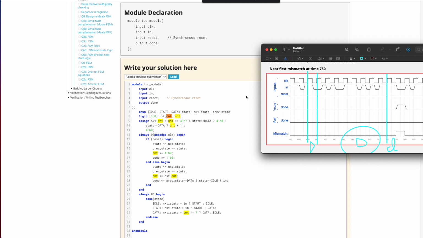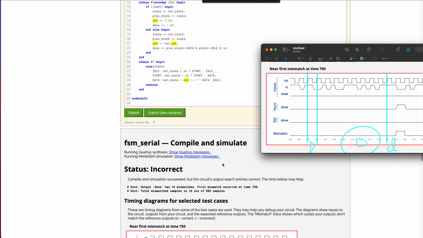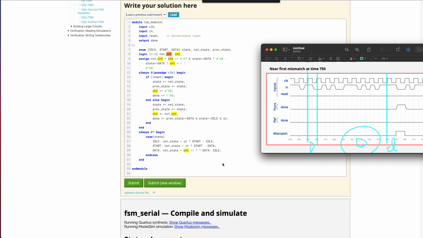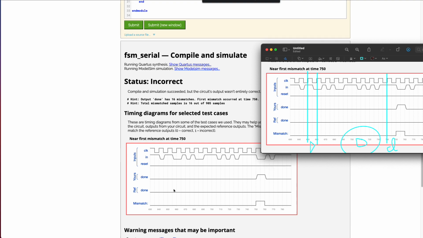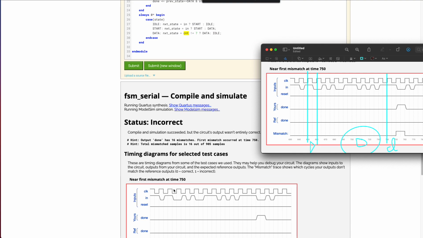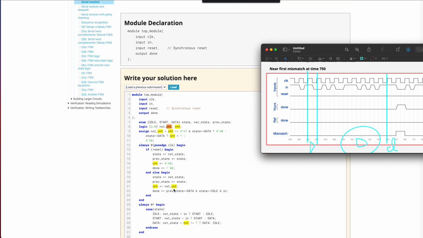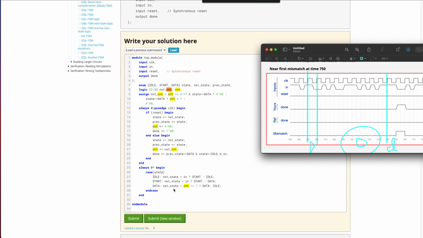And it's unclear what happened before for it to transition into data state. I don't know if what I'm saying makes sense.